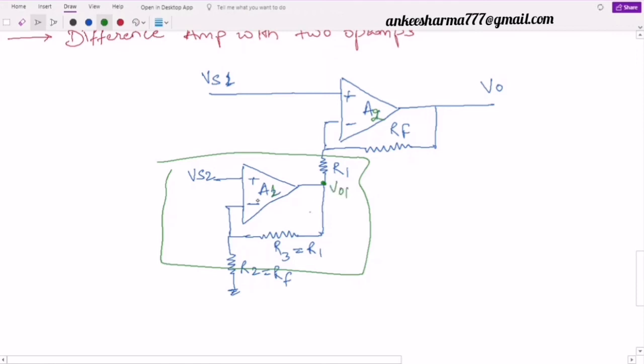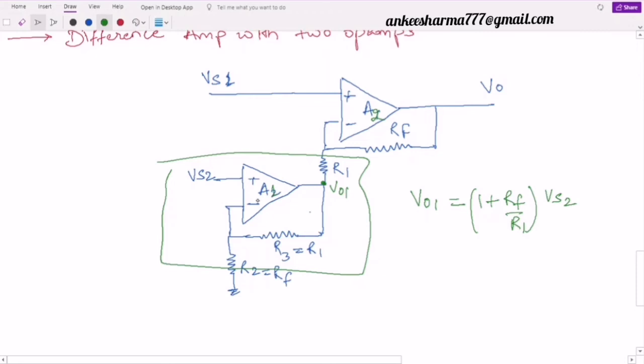So what is V01? Can you tell me? I can find it directly, as the input is applied only to the non-inverting terminal and the inverting terminal is grounded. It means I can directly write the output: it is 1 plus RF by R1 of my input, that is Vs2. This is simple. This is the output of the first operational amplifier, VO1.